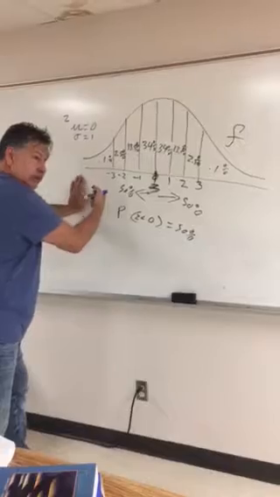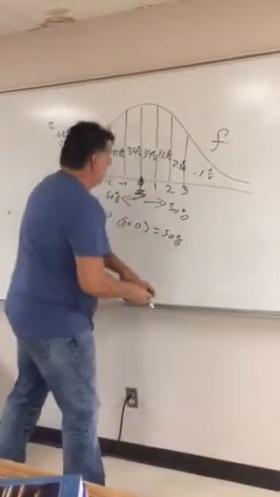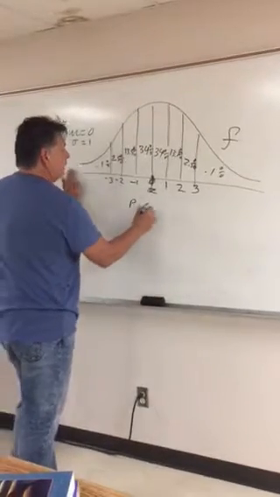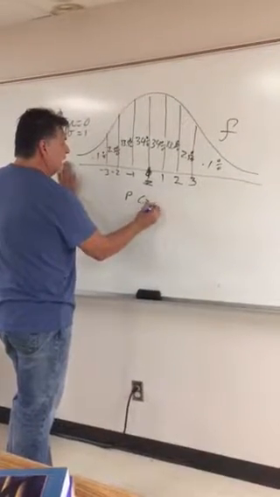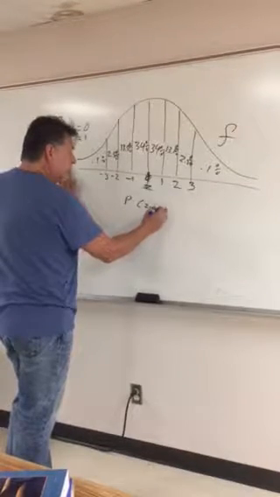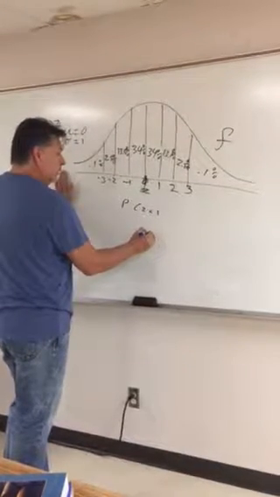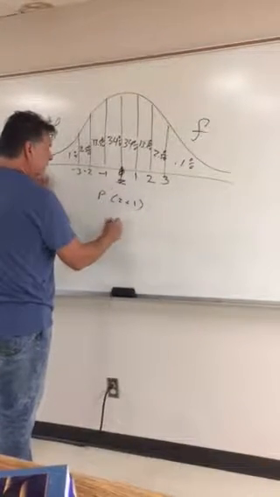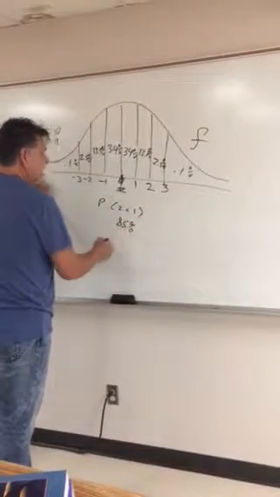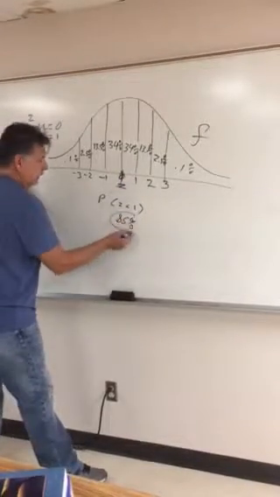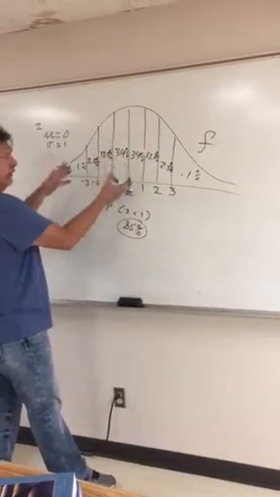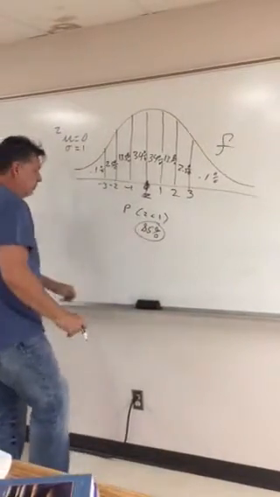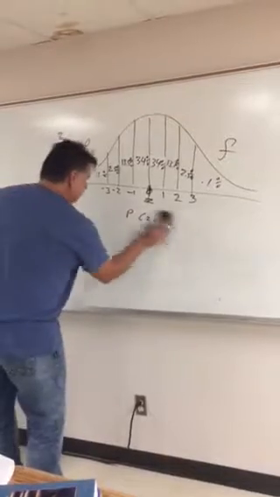If I ask you the probability of a Z value that's less than 1, that's going to be 50 plus 34, so it'd be 85%. So 85 would be the probability. What is the probability of the area under this normal curve at some value of Z? Now I'm going to show you how to read these charts in a minute too.